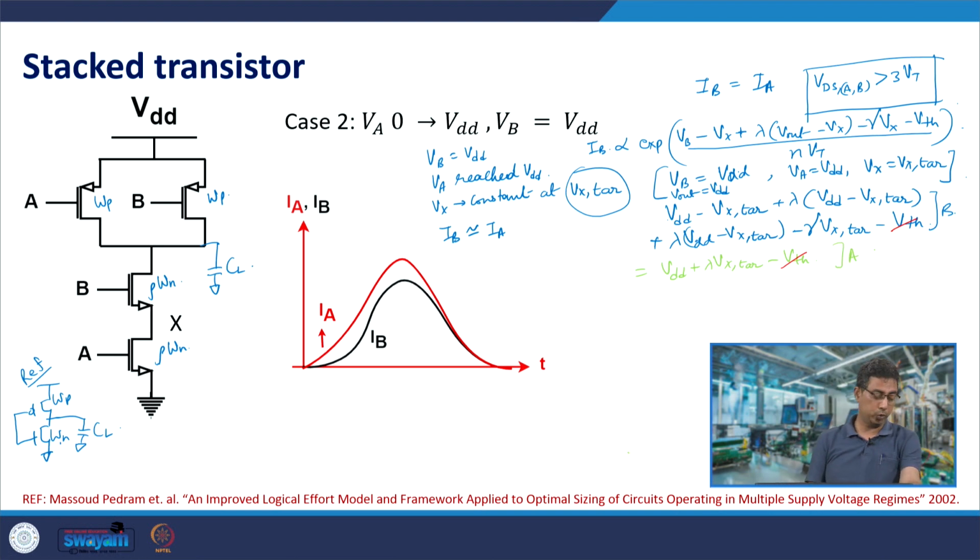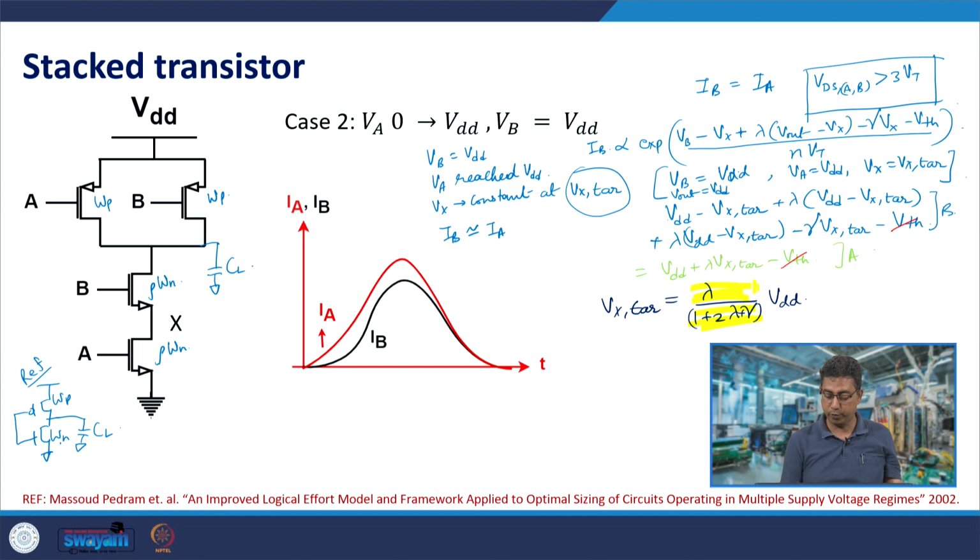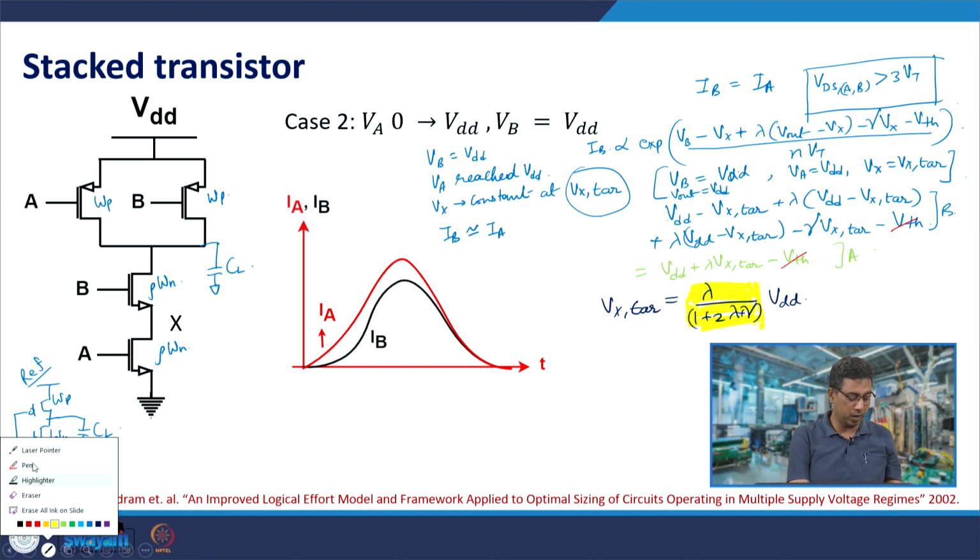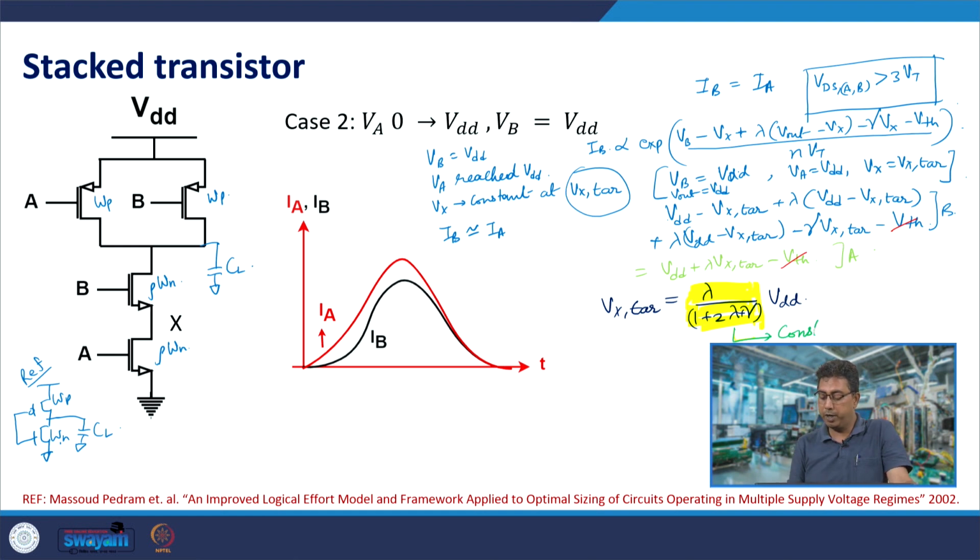Now you equate both of these and you would obtain Vx star is equal to lambda by 1 plus 2 lambda plus gamma, into VDD. This is a technology related parameter, so for a given PDK this would come out to be a constant. That means you obtain the value of Vx target for a certain width Wn.